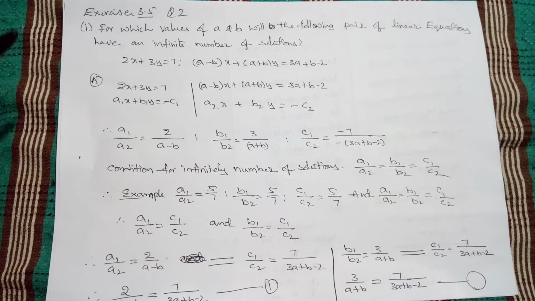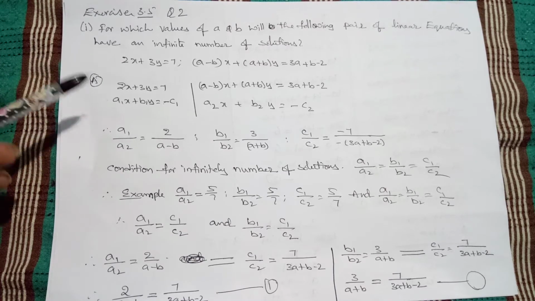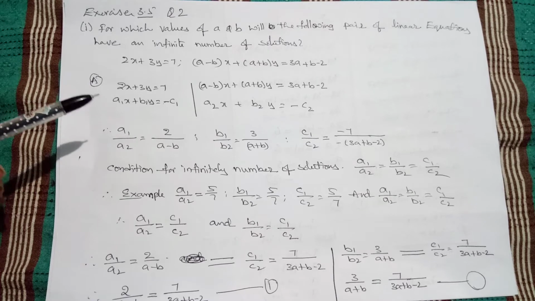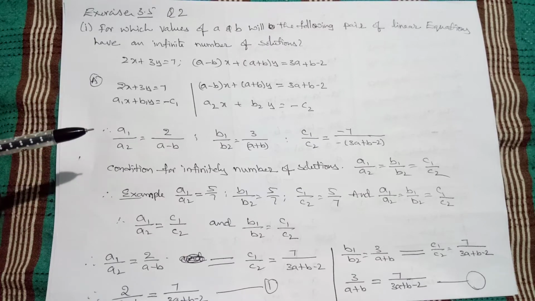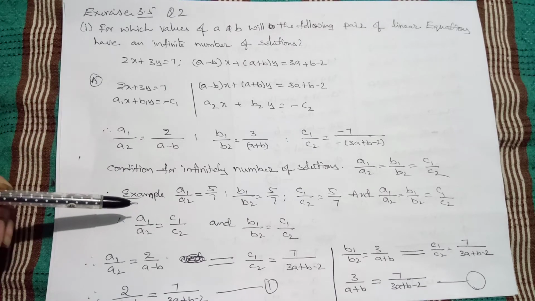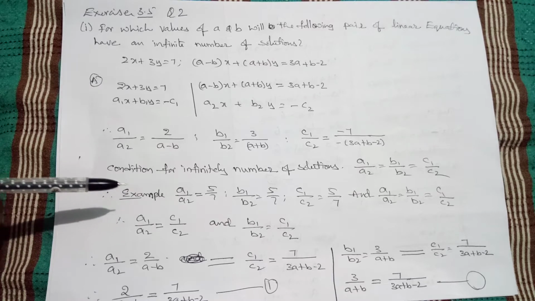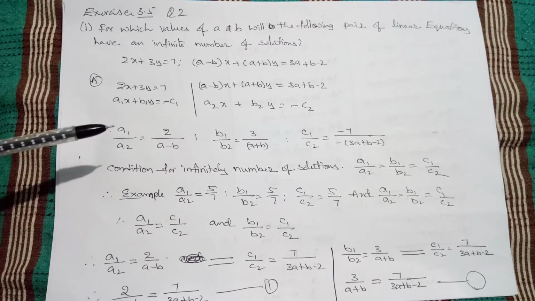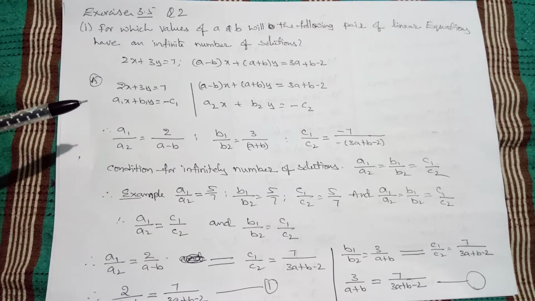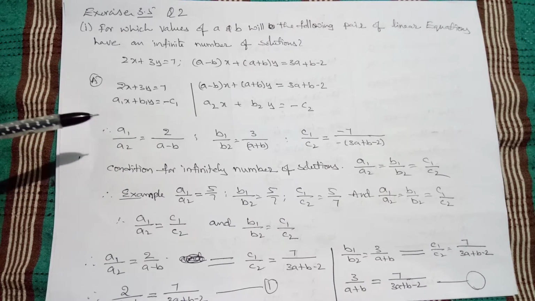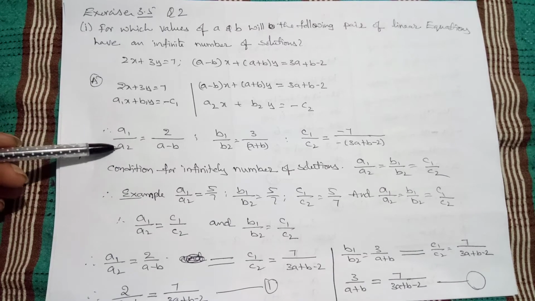When the two linear equations show a line on a line, that is, coincident lines. Let us see the condition for coincident lines: a1 by a2 is equal to b1 by b2 is equal to c1 by c2. Infinitely many solutions.